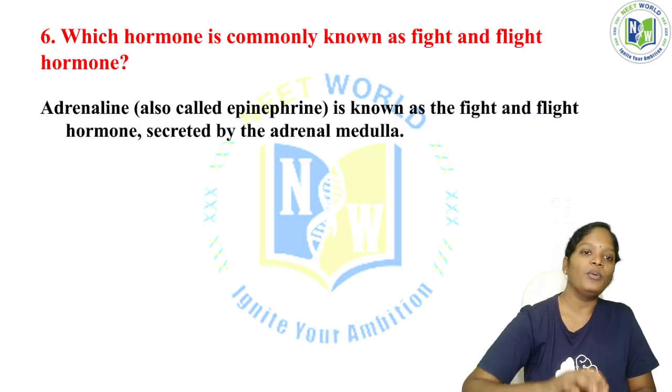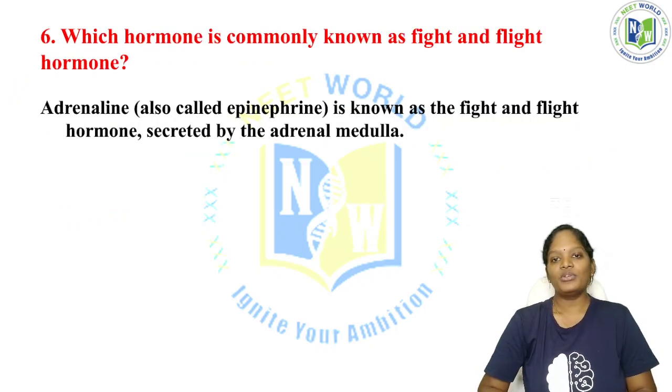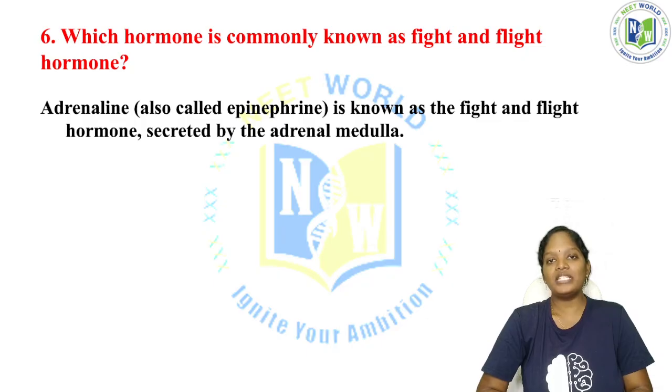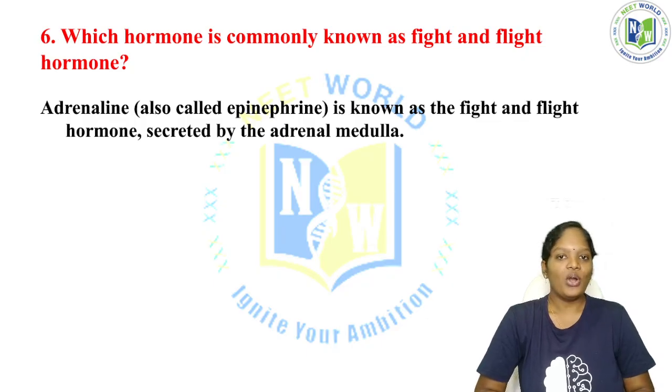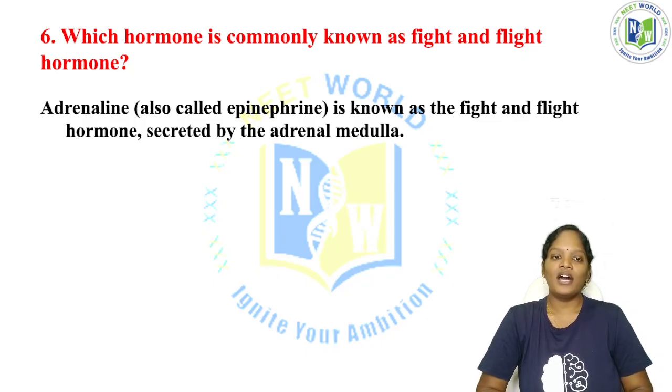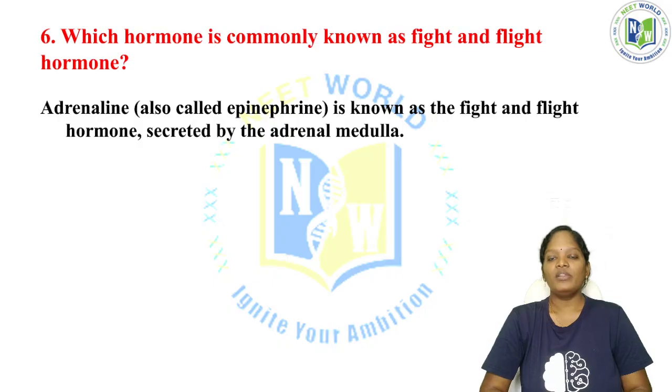Okay, now, which hormone is commonly known as the fight and flight hormone? So we have the adrenaline hormone, which is also called the emergency hormone. Why we are calling this particular hormone an emergency hormone is because this hormone will be secreted only in the time of emergency.